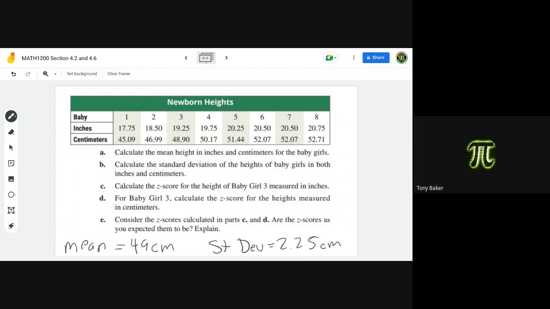I want you to calculate the z-score for baby number 3. So you're using that number right there. So how do we calculate it?